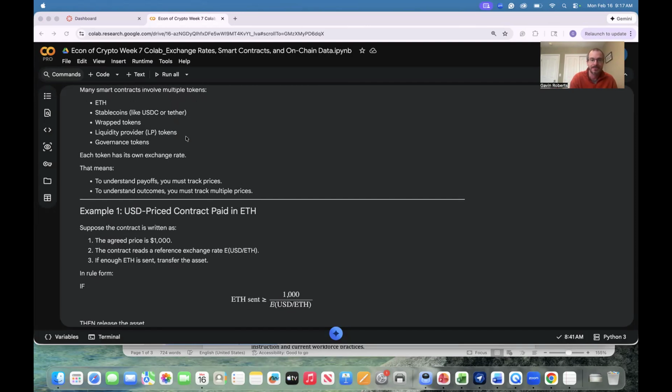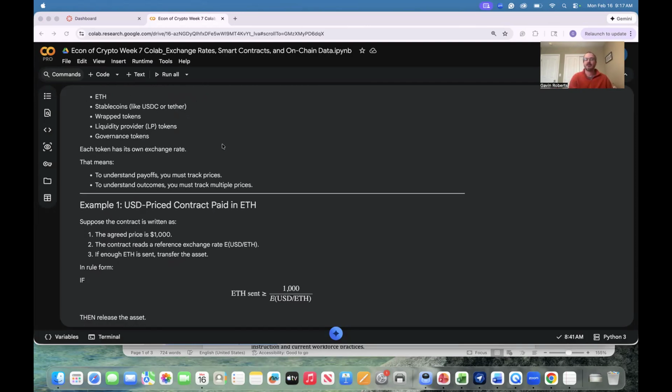That's their goal. Wrapped tokens are things like this: we could imagine that Bitcoin does not exist on the Ethereum blockchain, but things that exactly track the value of Bitcoin do exist on the Ethereum blockchain. That can make the Ethereum blockchain more efficient, to the extent that a lot of people are trading Bitcoin value on that blockchain through things like smart contracts.